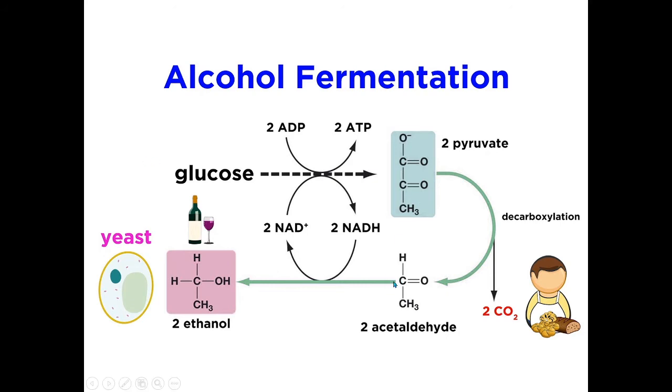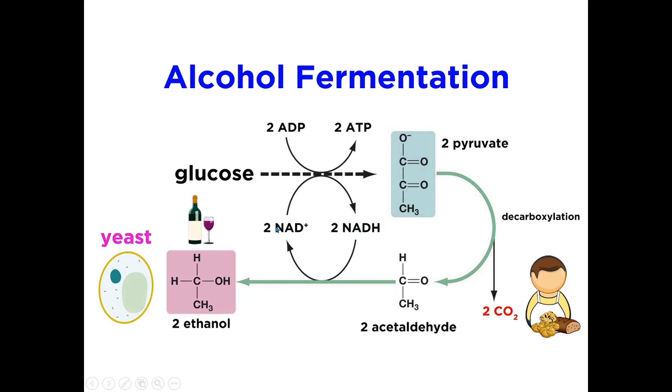This acetaldehyde is reduced, and the reducing power here is NADH, which is formed during glycolysis. This NADH is utilized here, and aldehydes on reduction give alcohols. So two acetaldehyde molecules end up as two molecules of ethanol on reduction, and the reducing power utilized is NADH.